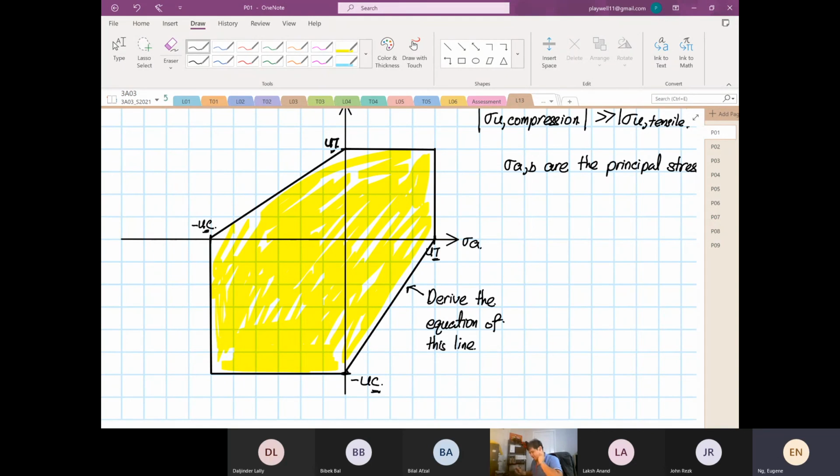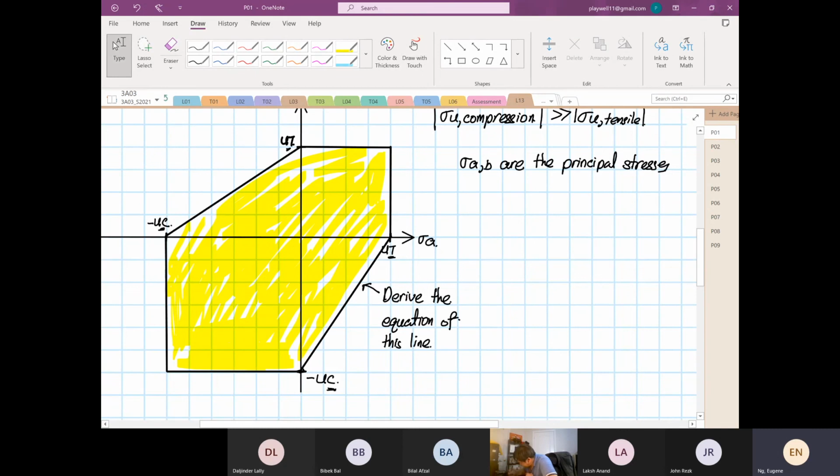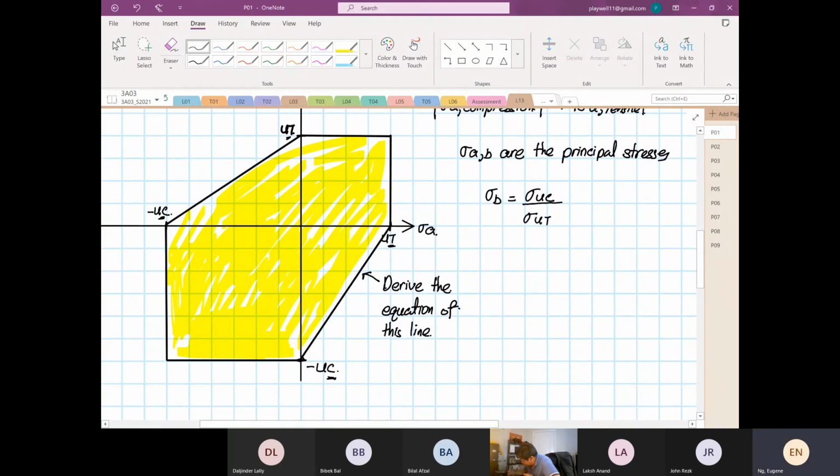Okay, so if we derive the equation of that line, we have stress B is equal to, so the slope, delta y over delta x, is your stress ultimate compression divided by stress ultimate tension, then you have stress A, and then the y-intercept is minus stress ultimate compression.